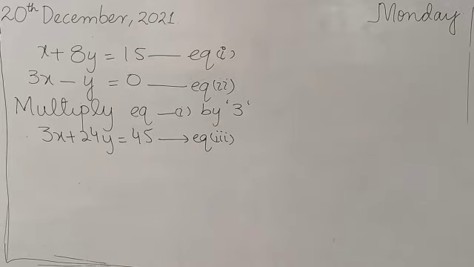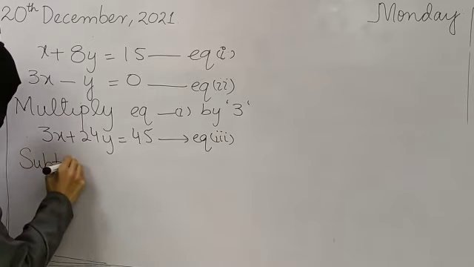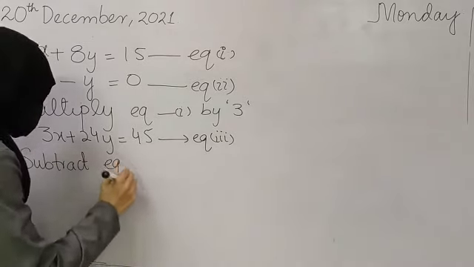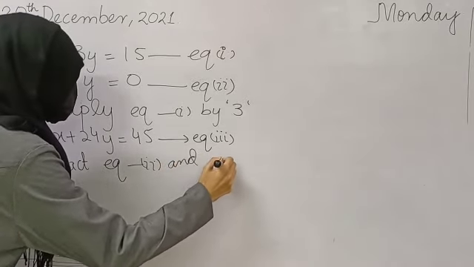So the next step is to eliminate the coefficients. To eliminate, what will we do? We will subtract equation number 2 and 3. So next step is subtract equation number 2 and 3.